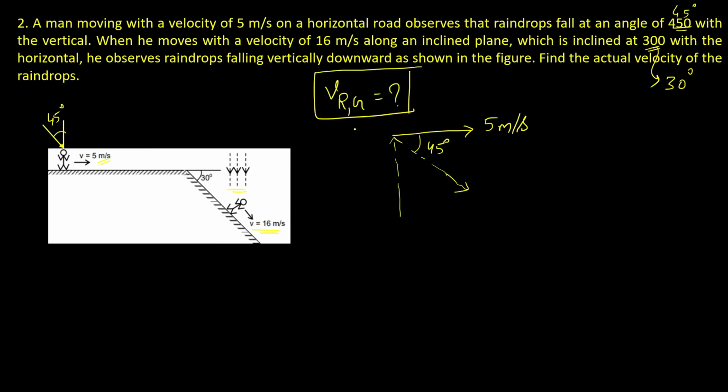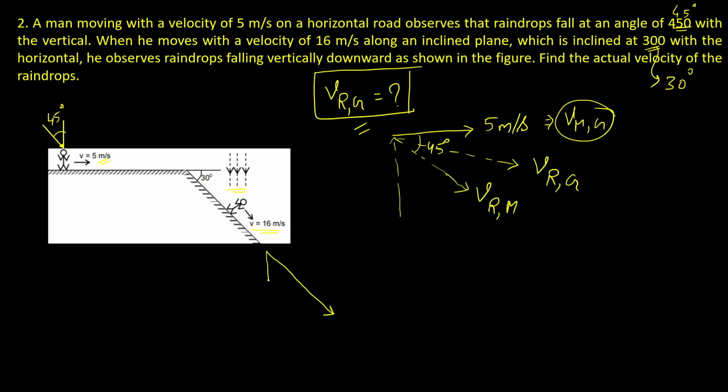We need to find the velocity of raindrop with respect to ground, that is the actual velocity. So again, this velocity of rain with respect to ground will be the same in both the cases. So this is the first case, where this is the velocity of rain with respect to man, and this is the velocity of man with respect to ground. So somewhere over here our resultant will be, which will be the velocity of rain with respect to ground. Okay, and the second case is this, like I'm continuing from this side, this is somewhat 30 degrees and rain is going to fall vertically downward like this, and this is basically given as 30 degrees.